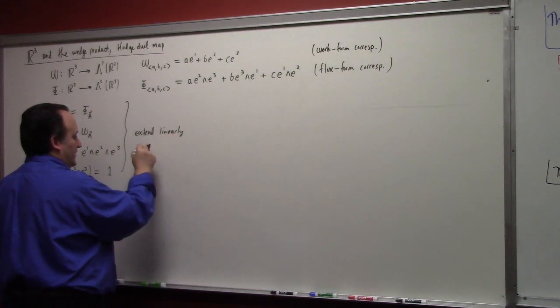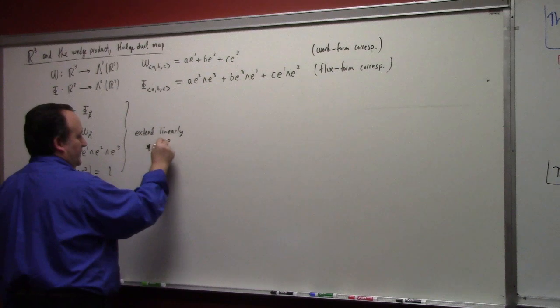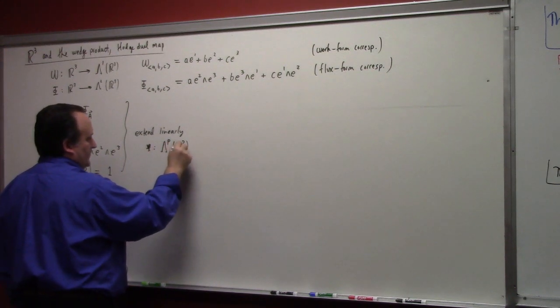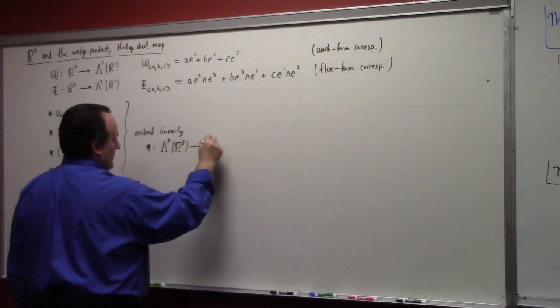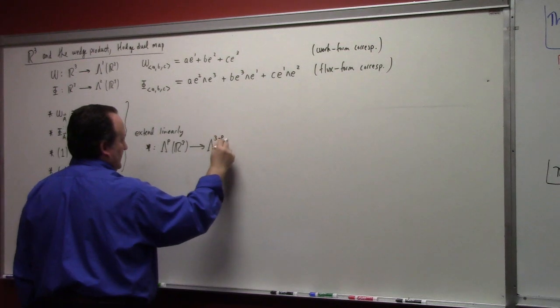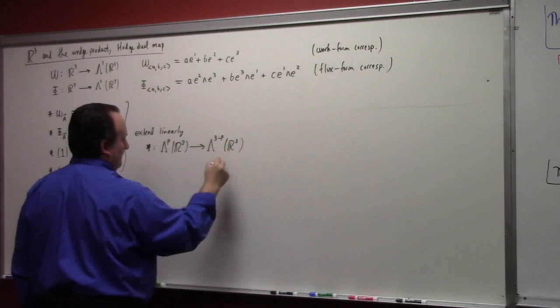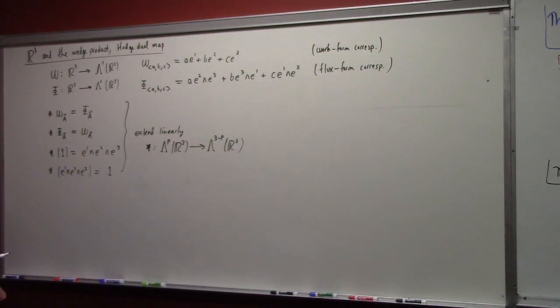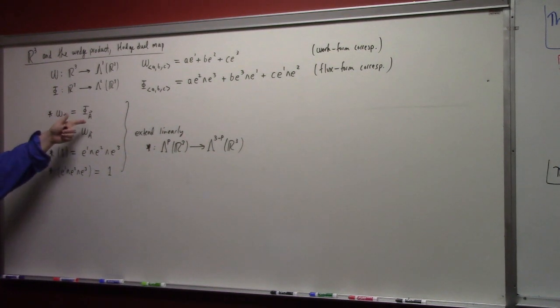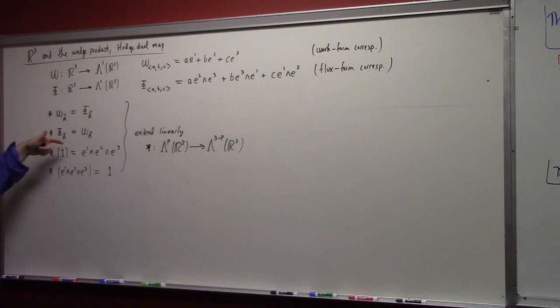Hodge dual is a mapping from p forms on R3 to 3 minus p forms on R3. See, you give it a 1 form, it spits out a 2 form. You give it a 2 form, it spits out a 1 form. You give it a 0 form, it spits out a 3 form.